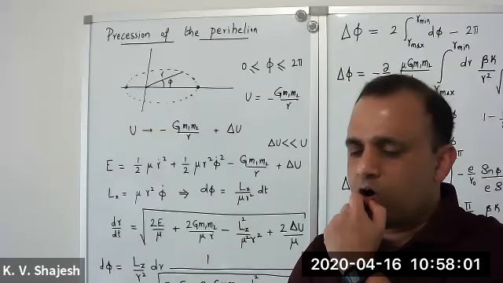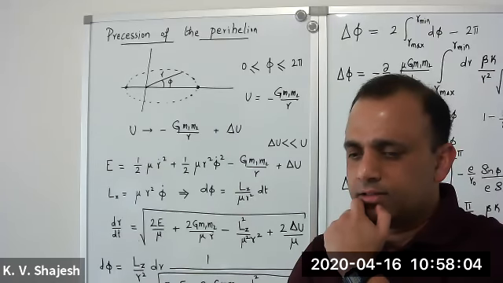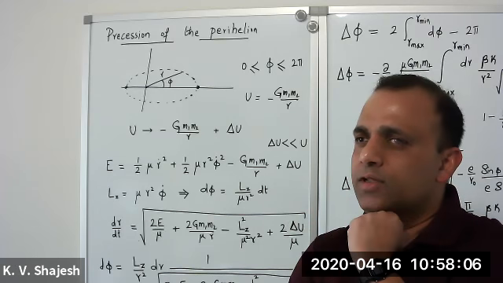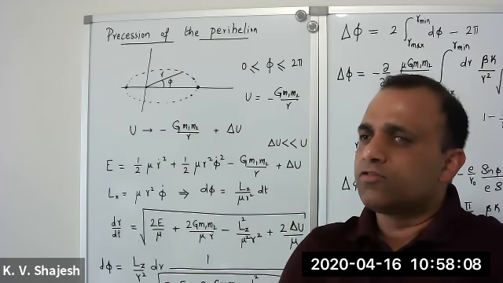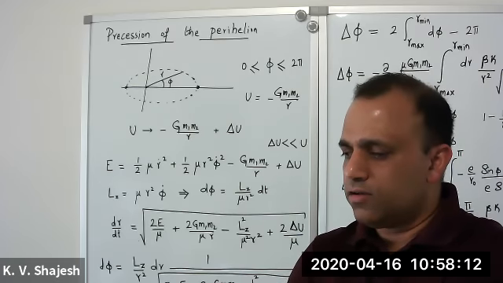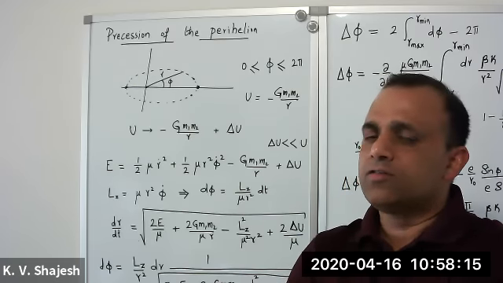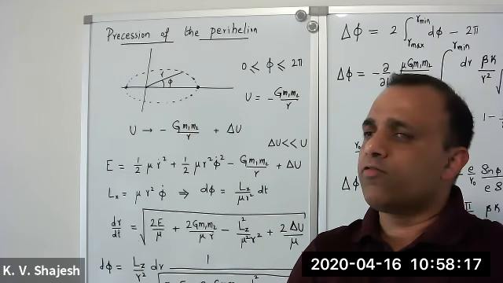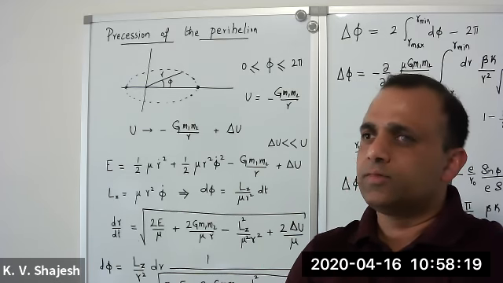But the important problem is the uniform acceleration problem. If a particle is uniformly accelerating in Newtonian physics, it takes the trajectory of a parabola, right?